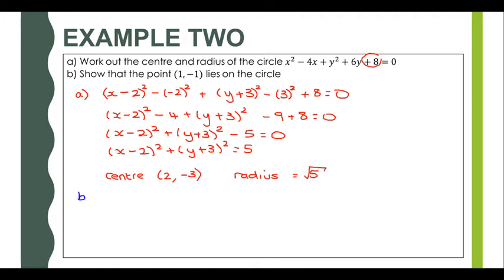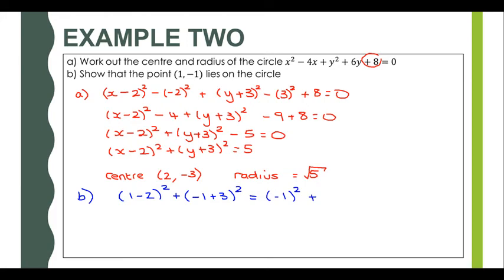For part B, to show that the point lies on the circle, we need to substitute in the point and show that it's true. So if we substitute in minus 1, 1 into the equation of our circle, we get 1 minus 2 squared for our first bracket, plus minus 1 plus 3 squared for our second bracket. 1 take away 2 is minus 1 squared.